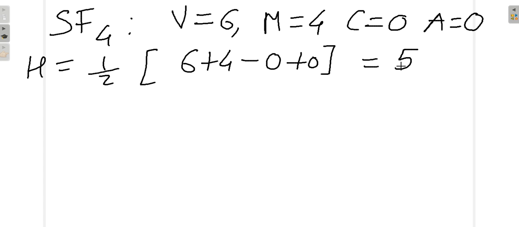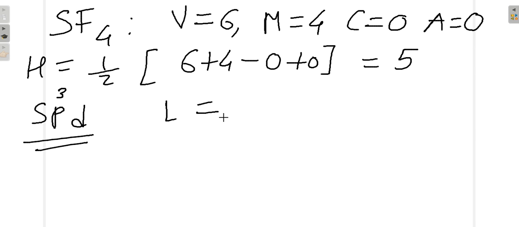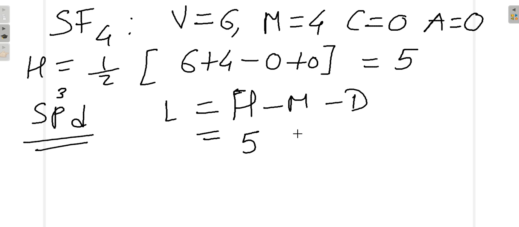Now 5 is sp3d. Let us find the number of lone pairs. The number of lone pairs will be given by H, which is 5, minus the number of monovalent atoms, which is also 4, so it carries 1 lone pair.